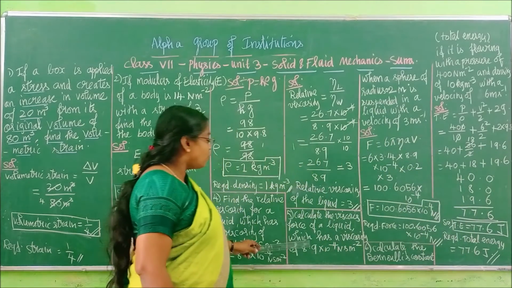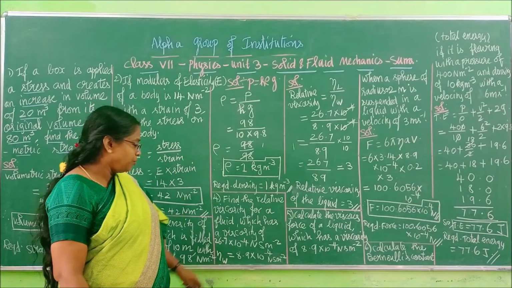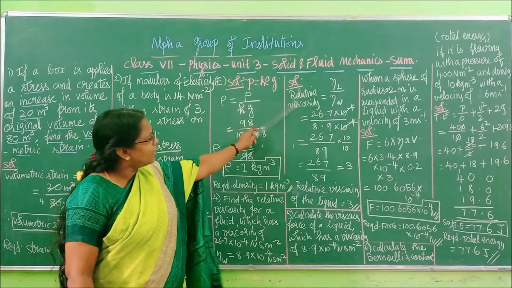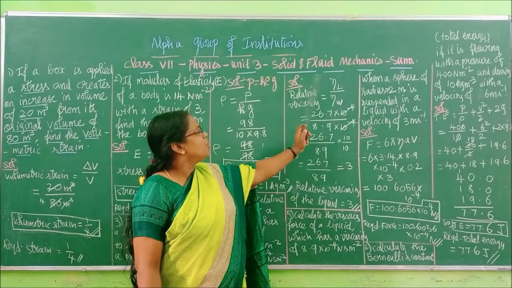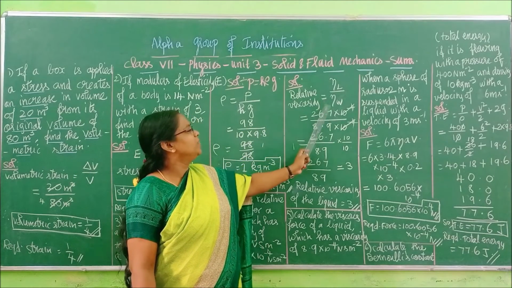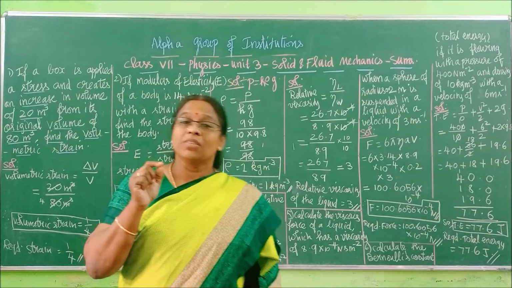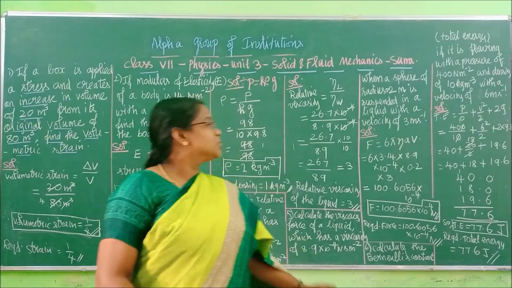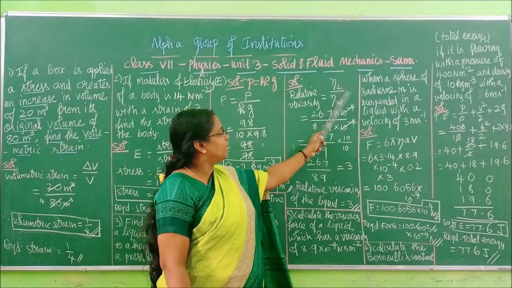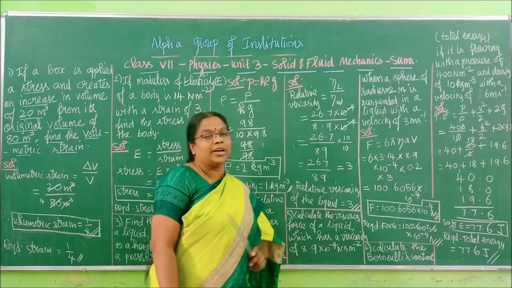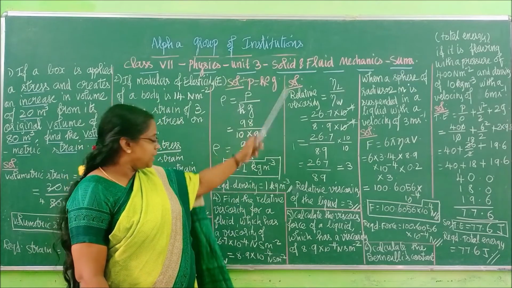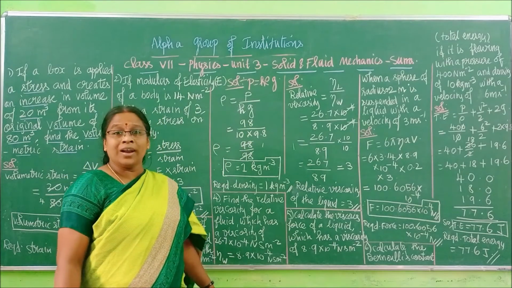Right? Now what is the formula for relative viscosity? Right? Relative viscosity is equal to viscosity of the liquid by viscosity of the water. So I have written this and I have a given question for this also. So eta of liquid by eta of water. Right? So what is eta of liquid? Eta means what?